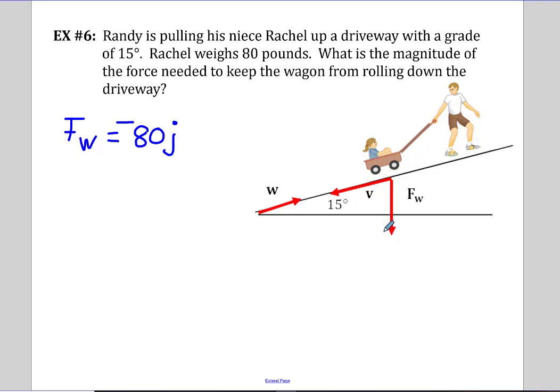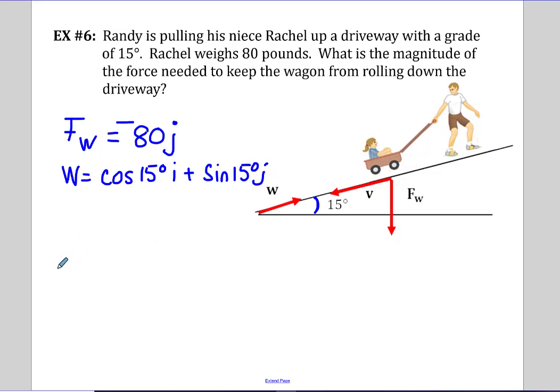That's this, her weight. And W is going to be our vector with the angle 15 degrees. So we've got cosine 15 degrees in the i direction and sine 15 degrees in the j direction.